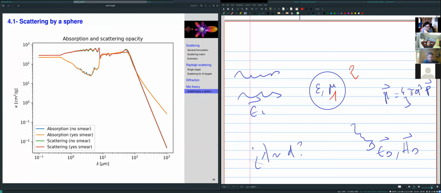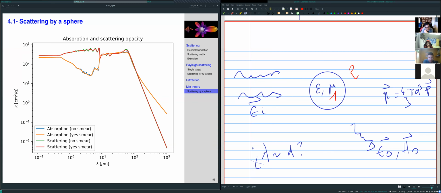Just look at the absorption one, the first line, the blue one. The blue one is underneath the orange curve. This is the absorption cross section, and the blue line starts to show some oscillations.